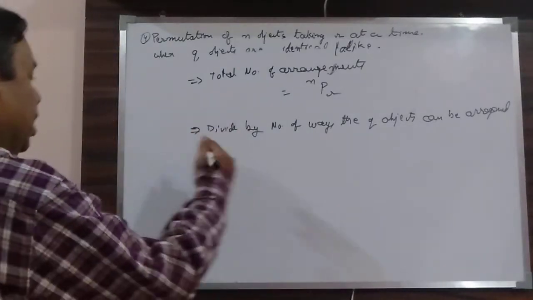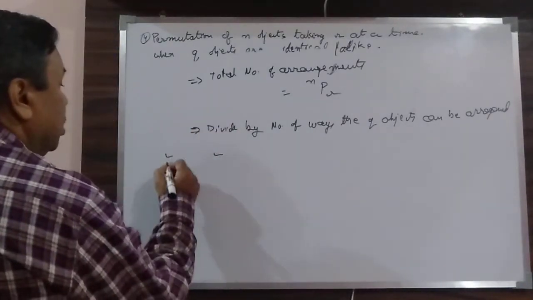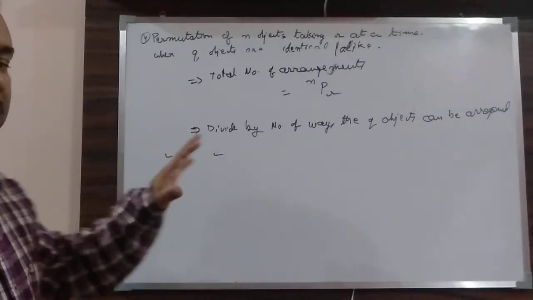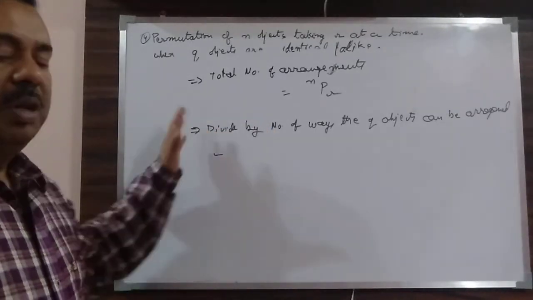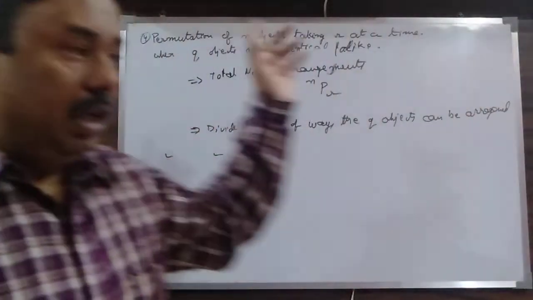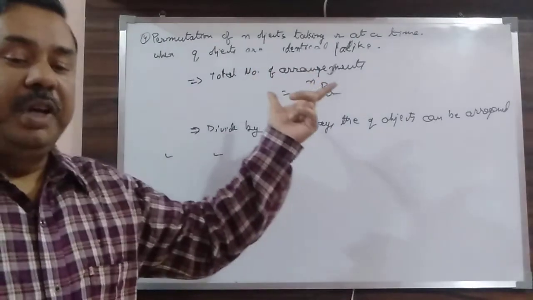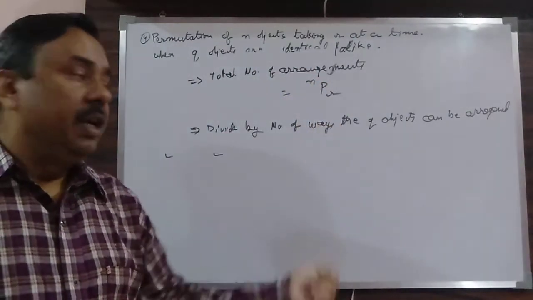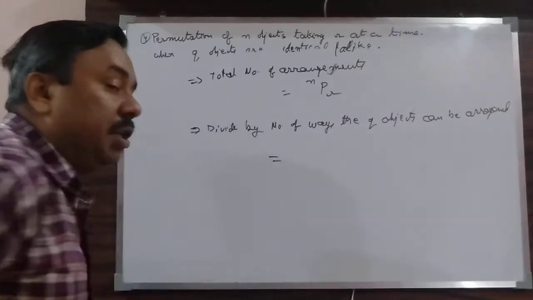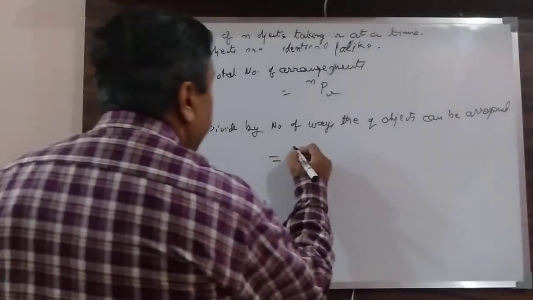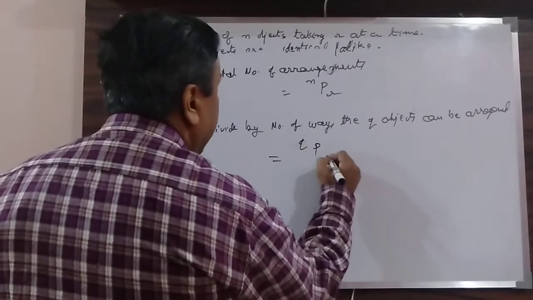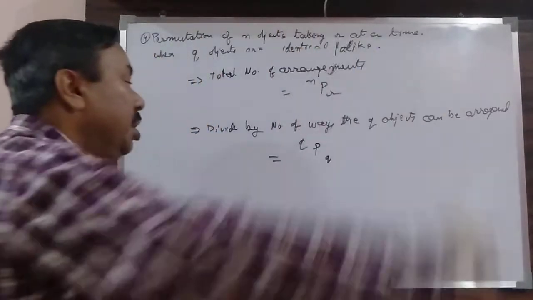That means for each arrangement, whether this one or this one, I have to divide it by the number of arrangements. As I have said in the given example, A1 and A2, the number of ways in which A1 and A2 can be arranged, I have to divide by this, and that division will be permutation of Q objects taken all Q at a time.